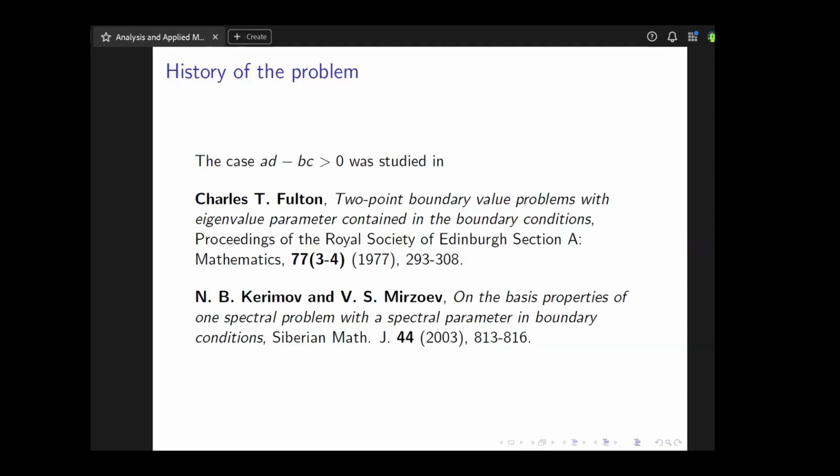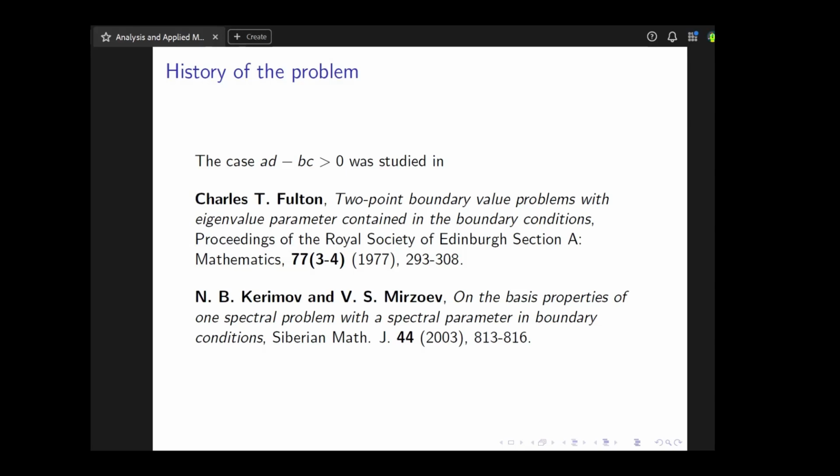Kerimov and Mirzoev in 2003 considered the same problem, in the Siberian Math Journal, but the approach was different. Instead of Hilbert spaces, instead of Pontryagin space with indefinite metric, in this paper from 2003 they studied the problem directly using the asymptotic formula of the eigenfunctions, which comes from the asymptotic formula for the eigenvalues.